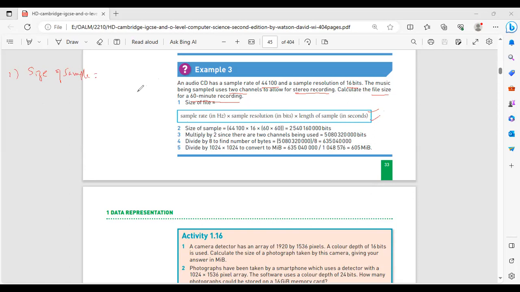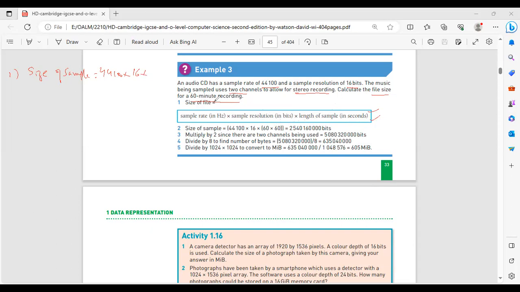They have given 44,100 as the sample rate. It uses 16 bits, so multiply by 16, then multiply by the length of the sample in seconds.